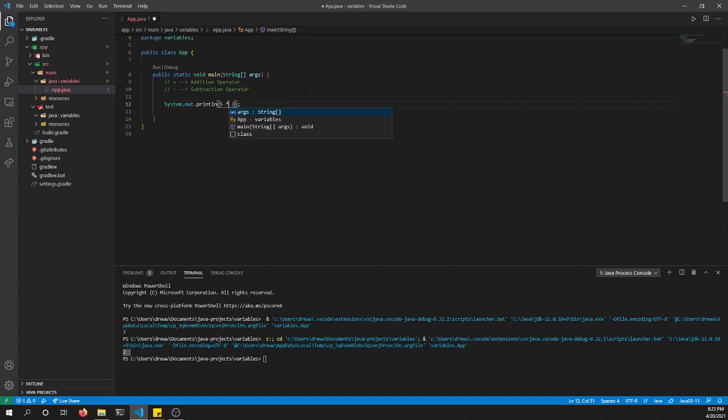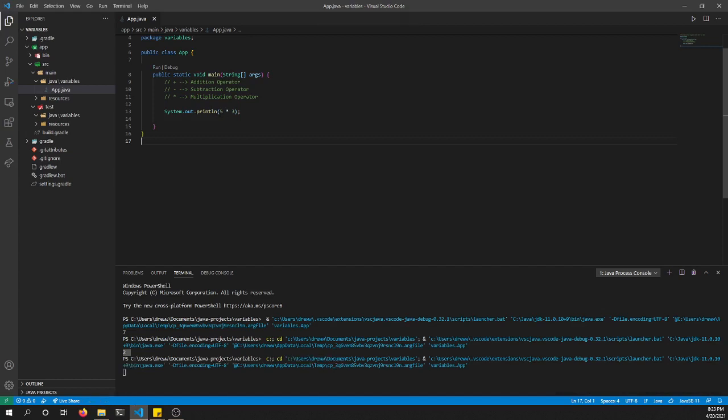We can also multiply two numbers together because the asterisk is the multiplication operator. We'll save that and then we'll run it. And 5 times 3 is 15, so we get 15.